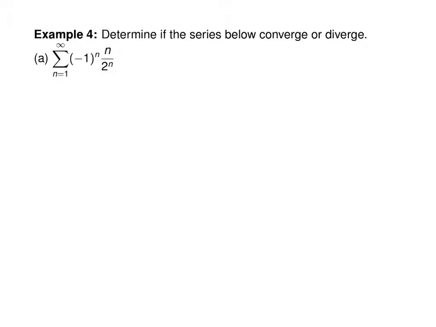So this series looks like a good candidate for the alternating series test. The way that you can tell is you have something that is obviously flip-flopping. You see a (-1)^n, so it might be the alternating series test. The ratio test might also work here, but let's use the alternating series test just to show you how that would work. For the alternating series test, we're going to let the b sub n's be n over 2 to the n, and we find the limit as n goes to infinity of those b sub n's.